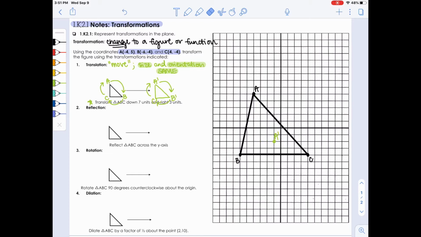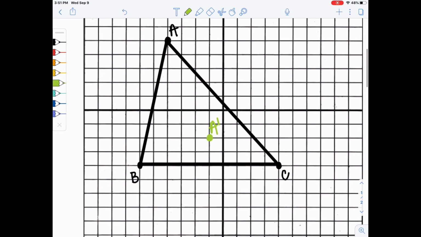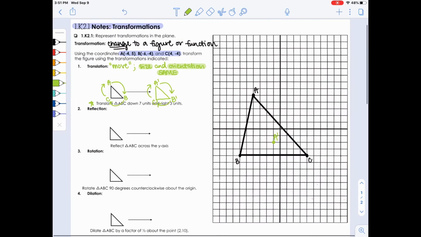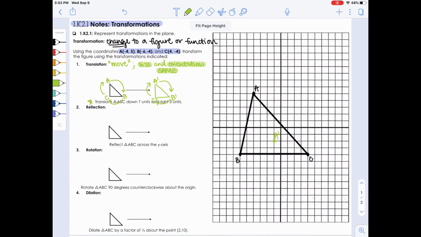That little dash mark on the top. Can we see that there? That little apostrophe lets us know that it's a copy of A. Very good. Now we need to copy B by moving it down 7 and to the right 3. I'm not going to draw those lines in, but feel free to. It ends up right here. Okay, let's label that B prime.